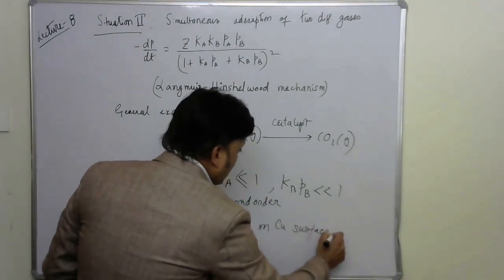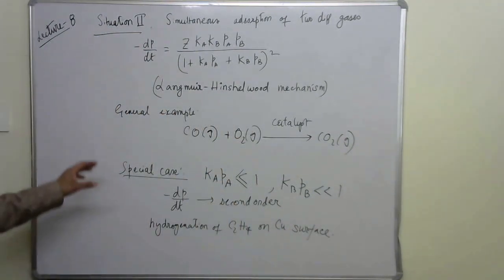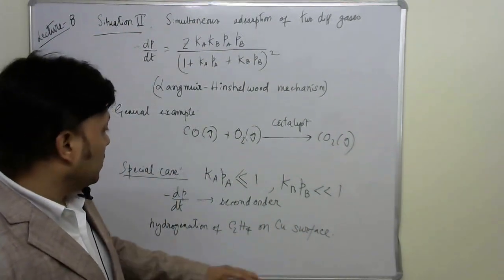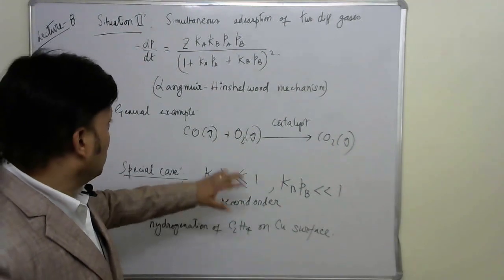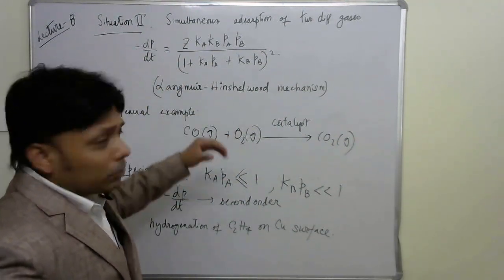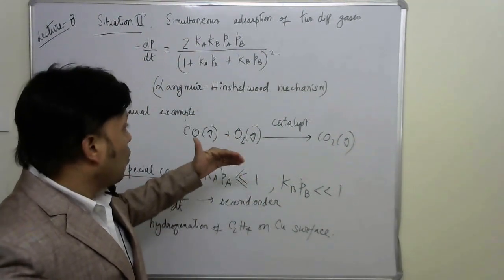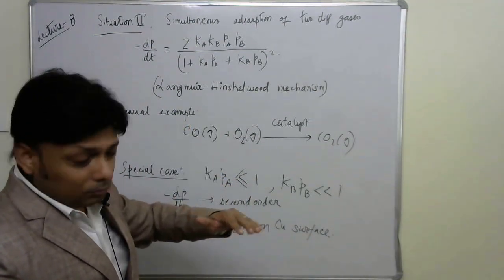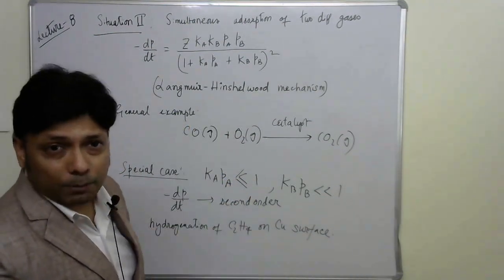Okay. So now we are left with the third situation. Let's clean the board and talk about the third situation, where one gas molecule is already adsorbed and another gas molecule collides with the adsorbed one.